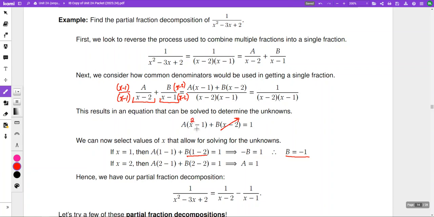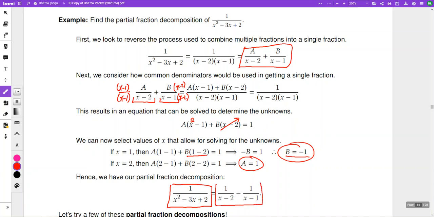And if x was equal to 2, then it would imply that a is equal to positive 1, which then with a being positive 1 and b being negative 1, and us saying that we could decompose our fraction into these two separate fractions, then I have this decomposition that 1 over x squared minus 3x plus 2 can be written as 1 over x minus 2 minus 1 over x minus 1.